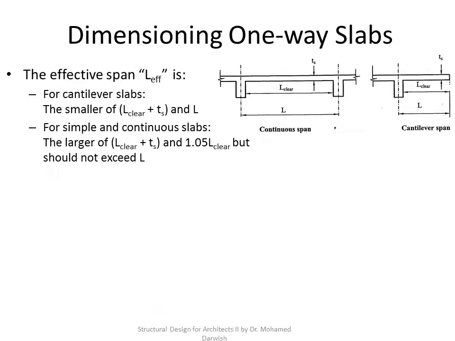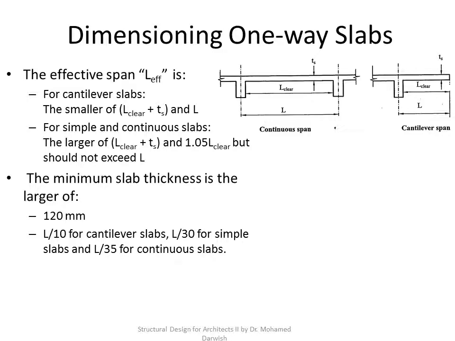In order to dimension one-way slabs, we calculate what's called the effective length or the effective span, which is the smaller of the clear span plus the thickness if it is a cantilever, and the actual span L, or if it is a simple or continuous slab, the clear span plus the thickness TS and 1.05 the clear span, but it should not exceed L. The minimum slab thickness is the larger of 120 millimeters and span over 10 for cantilever slabs, span over 30 for simple slabs, and span over 35 for continuous slabs.